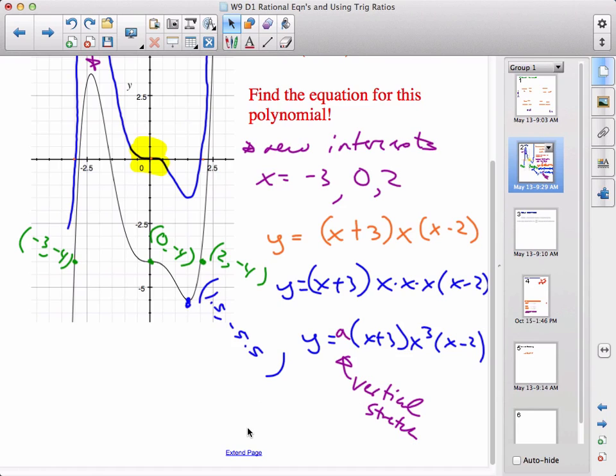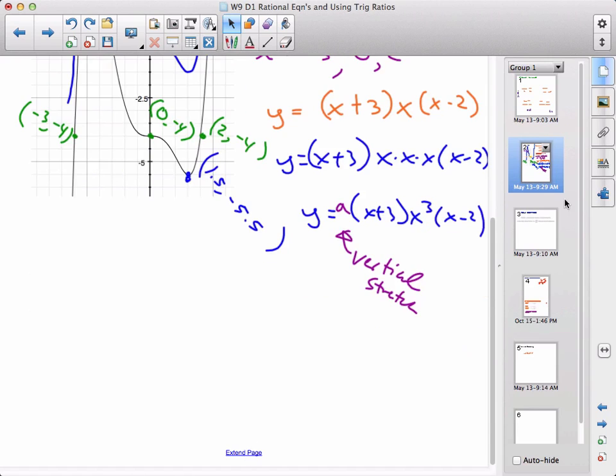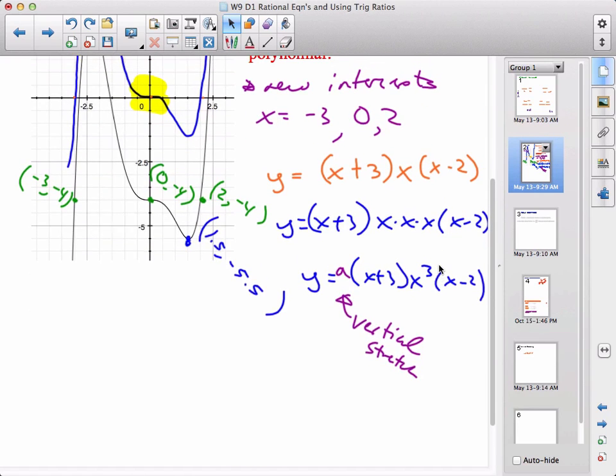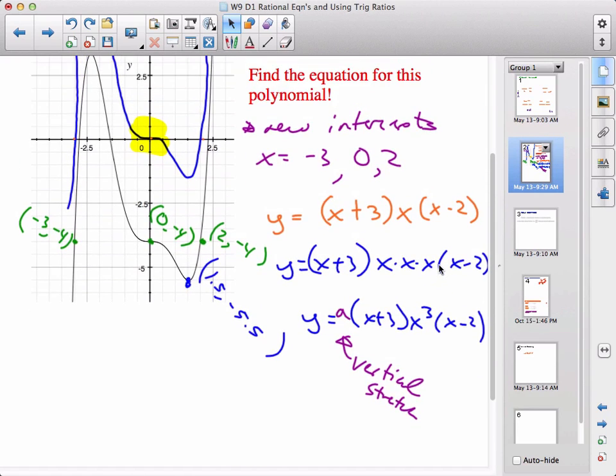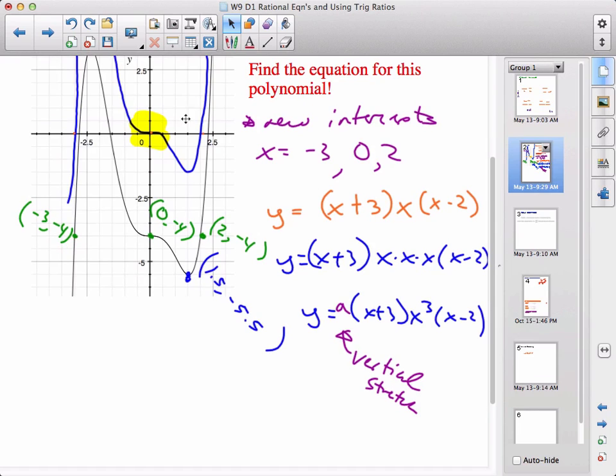The first thing that I looked at was -3, -4, just because that was a point that we had on the original function.